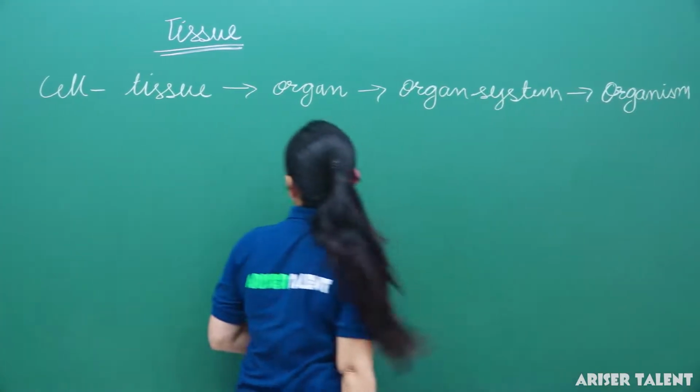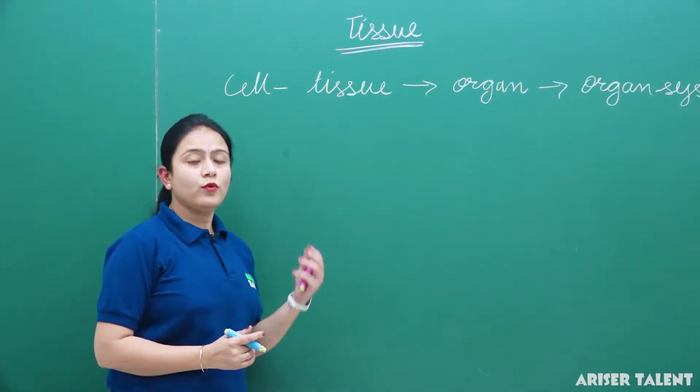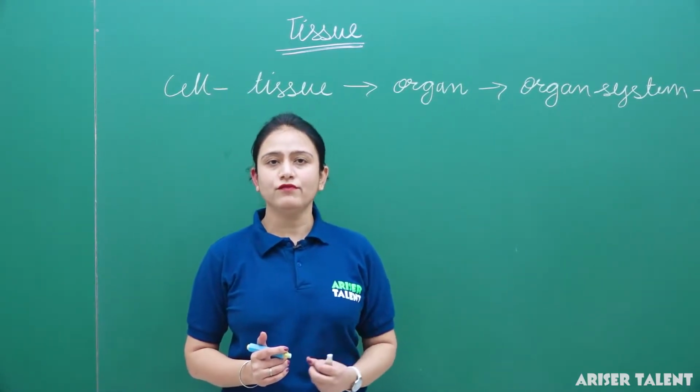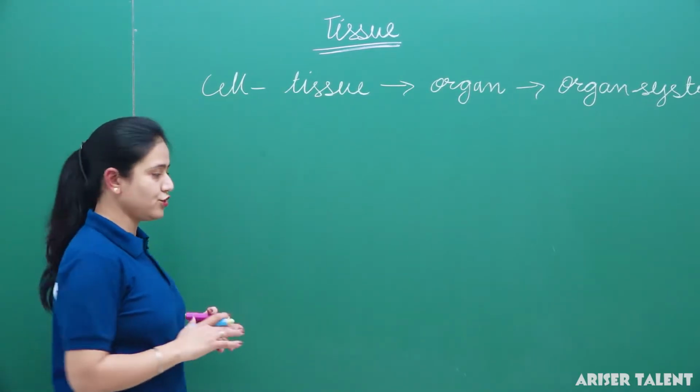As I told you, tissues are made up of cells. Which kind of cells? When the cells are the same in structure and function, these same kind of cells make one tissue.